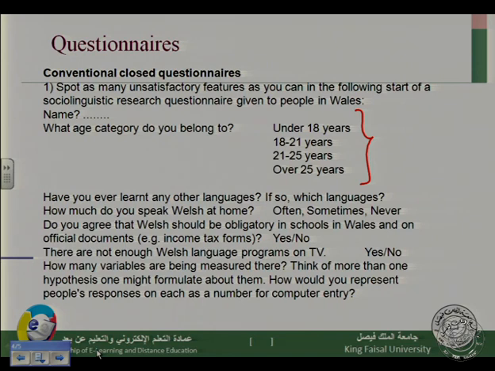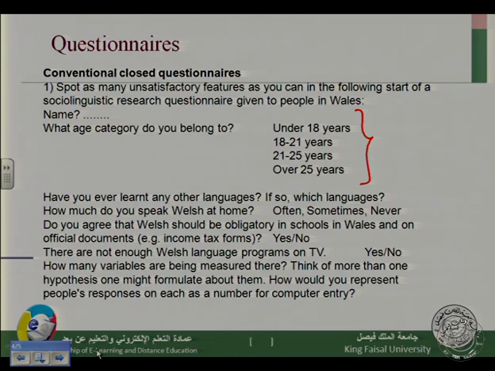And then we have, have you ever learned any other languages? If so, which languages? How much do you speak Welsh at home? Often, sometimes, never. Do you agree that Welsh should be obligatory in schools in Wales and on official documents, income tax form?